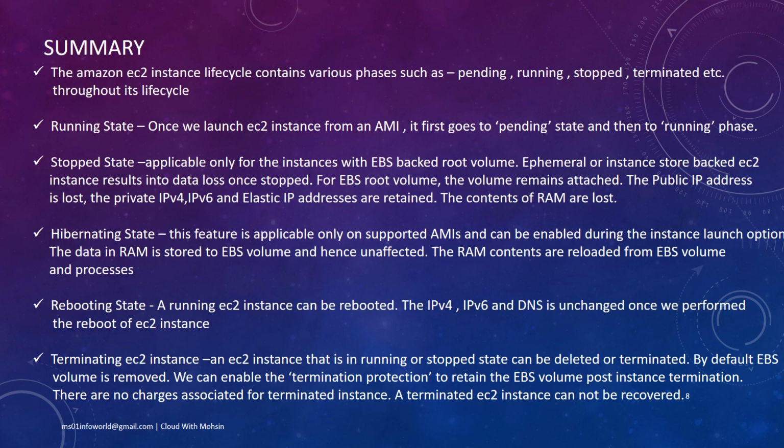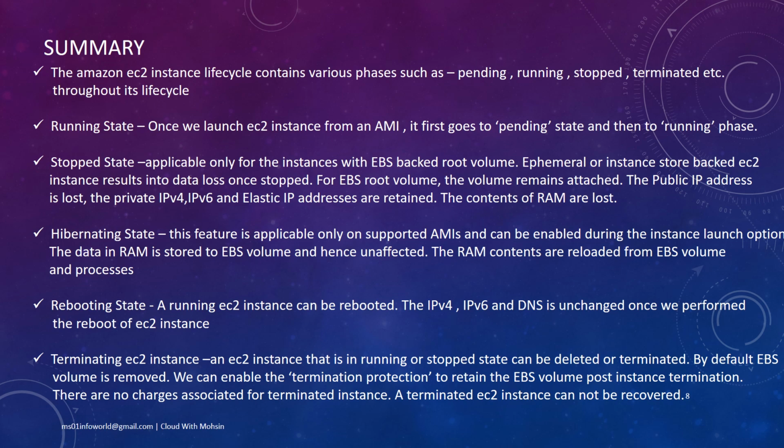Stop state: once the instance is in the running state, we can choose to stop it or perform other operations. The stop state is when we can stop the EC2 instance. It is recommended to stop an EC2 instance if it has an EBS-backed volume.